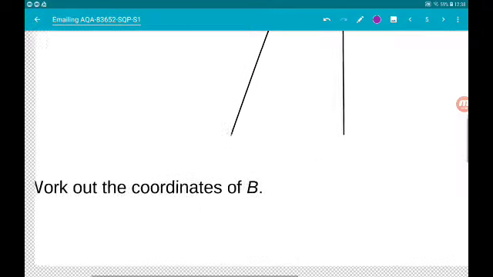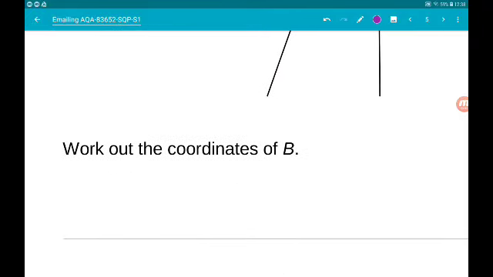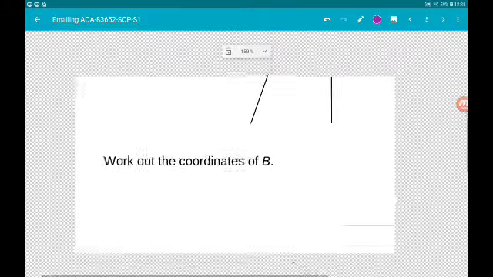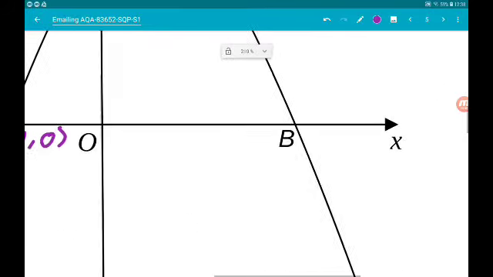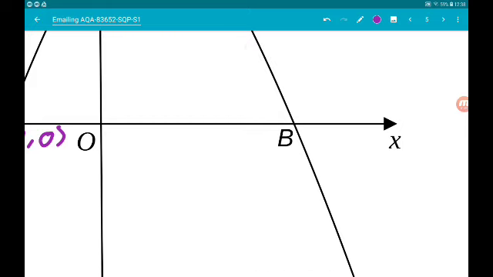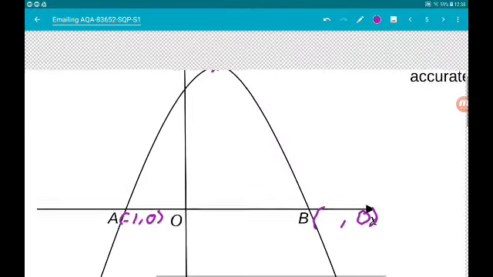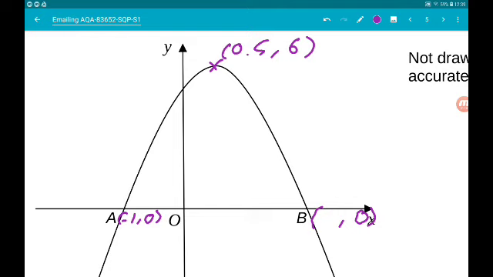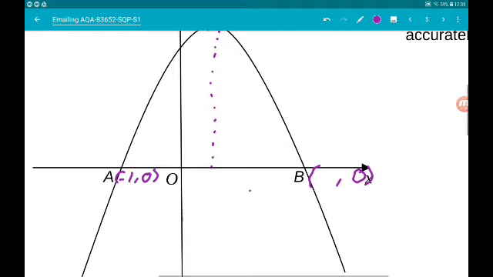Okay, part A wants us to work out the coordinates of B. So, given that B is on the x-axis, the y-coordinate is 0. How do we work out the x-coordinate? Well, quadratics are symmetrical. Now, we know the x-coordinate slap bang in the middle of A and B is 0.5.